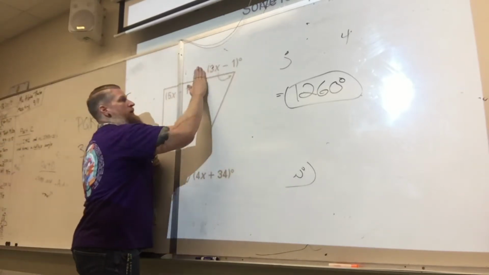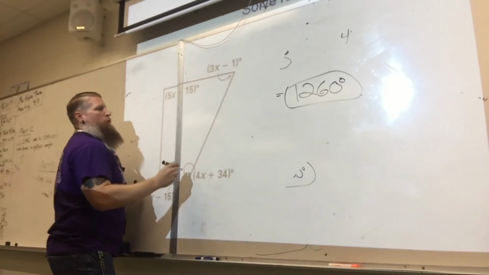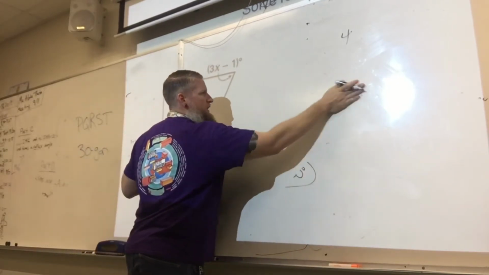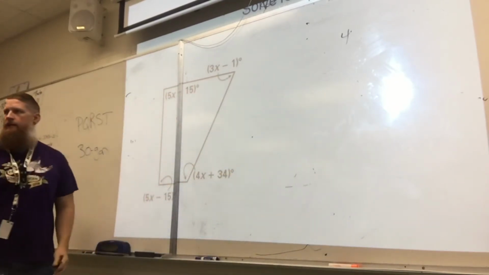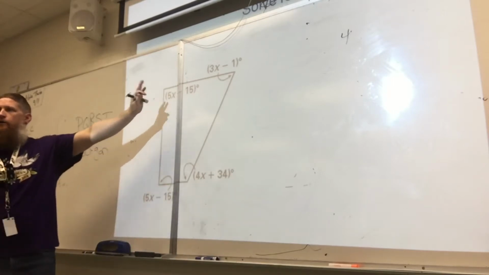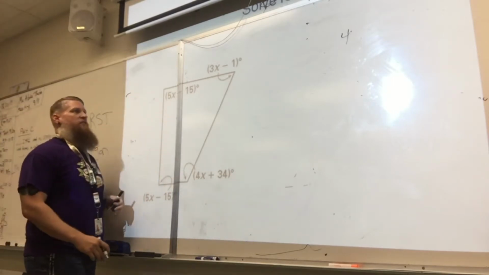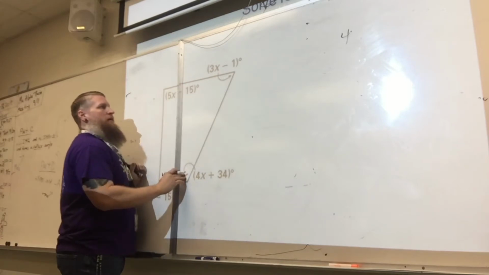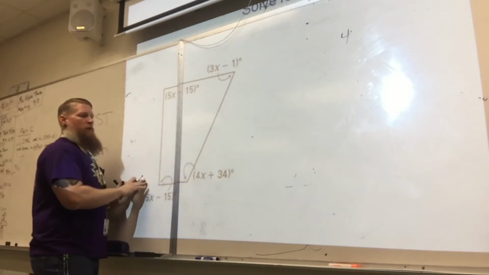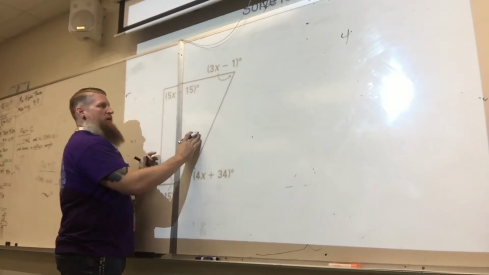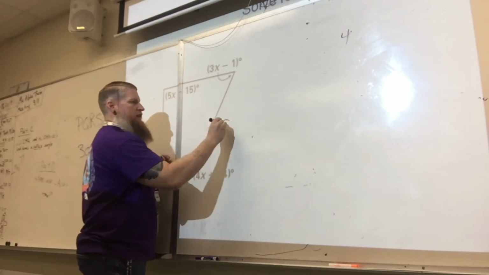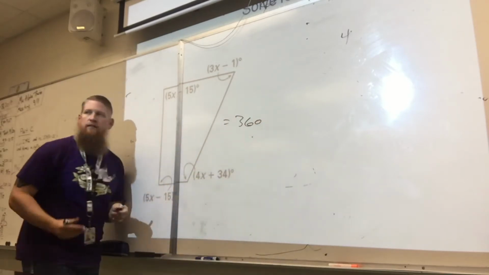Here's the thing. You should get to a point where you don't need a formula to know the sum of the interior angles for a quadrilateral. Just like a triangle being 180, it should be known that if I add all 4 of those together, it should equal 360.